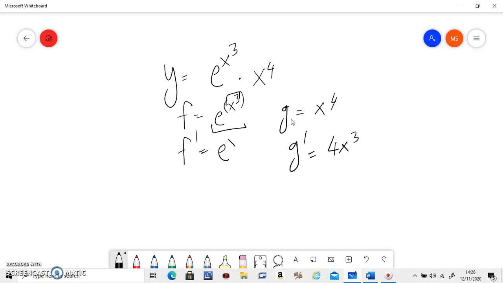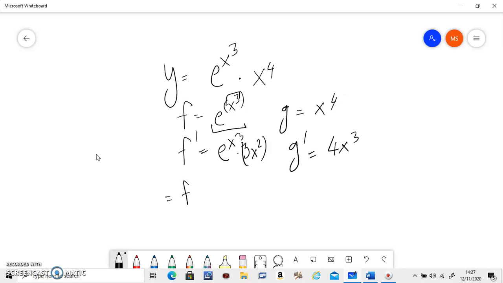So it is e to the power of x cubed times 3x squared. This is the differentiation of the whole thing. This is the differentiation of the thing inside the bracket.